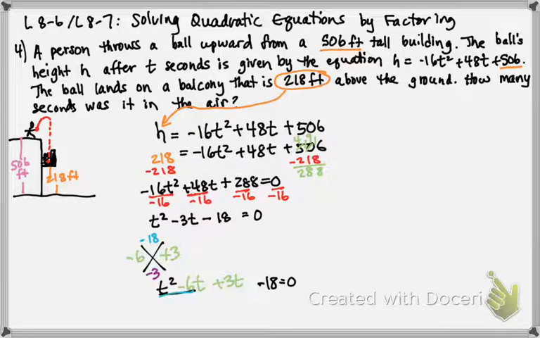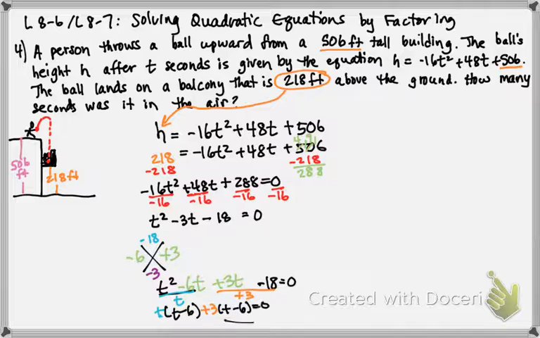So that's going to give me a t, so I get t times the quantity t minus 6. And then I'm going to pull out, these two have a positive 3 in common. And that's going to give me a t minus 6.